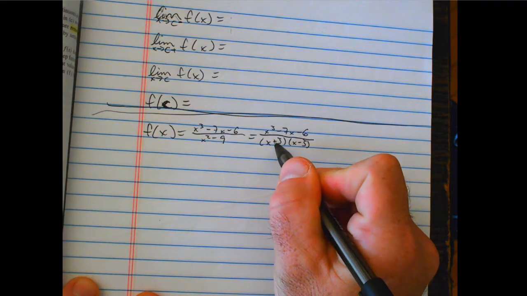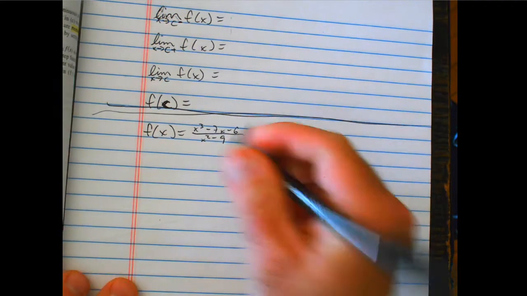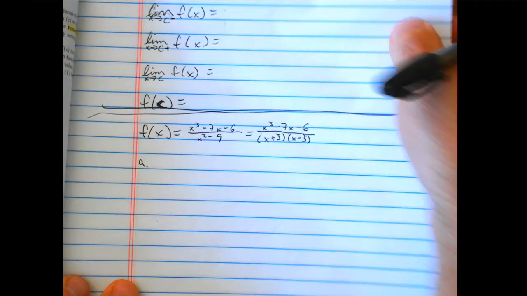Remember last year in trig precalc, y'all learned that the domain of a function is wherever the denominator is not equal to 0. That pretty much causes every domain error that exists. And what I look at here, where the denominator is equal to 0, so I think A was asking, what is the domain of f?